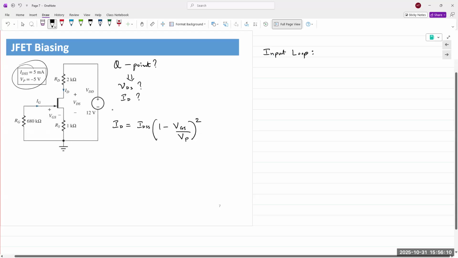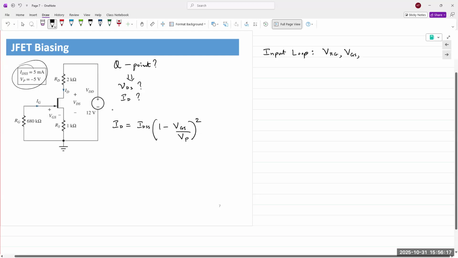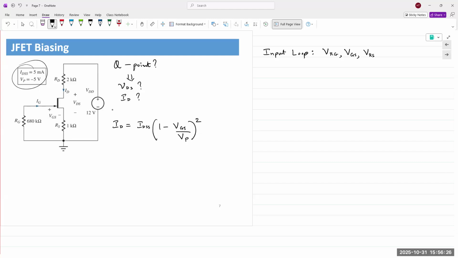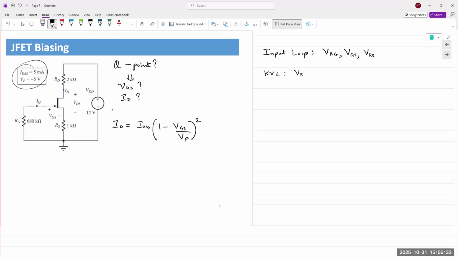So I have VRG, VGS, and VRS. I apply my KVL, sum up these voltages and equate them to 0. So VRG plus VGS plus VRS is equal to 0.